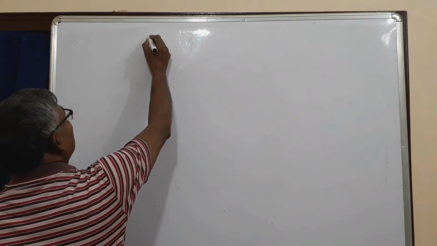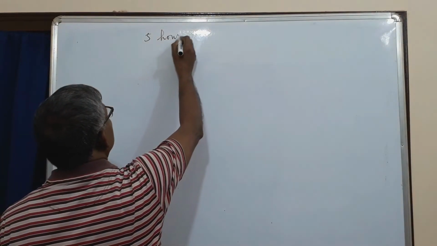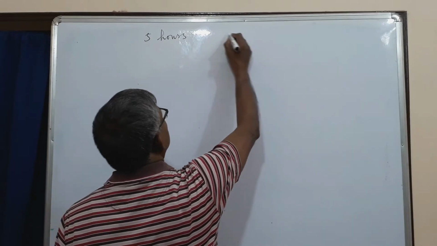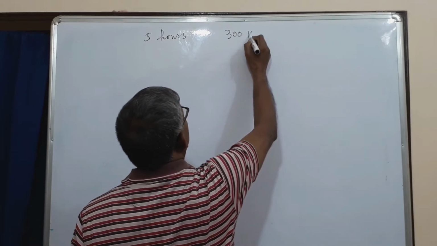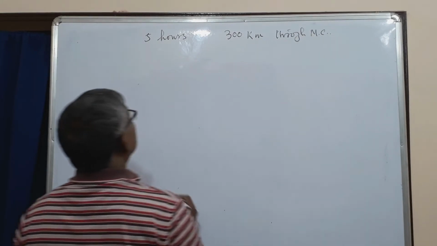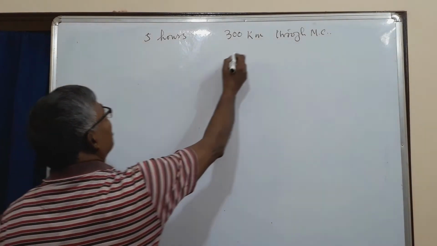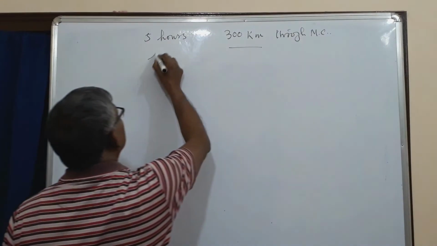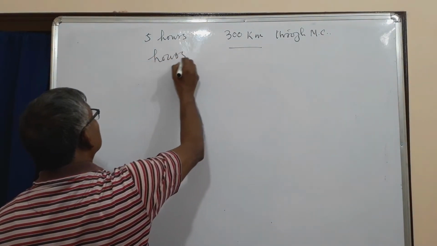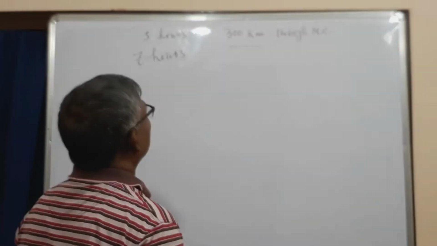Suppose in 5 hours a man can go 300 km through motorcycle. So we have to find out how many kilometers he will go in 7 hours. How much distance will he travel in 7 hours.